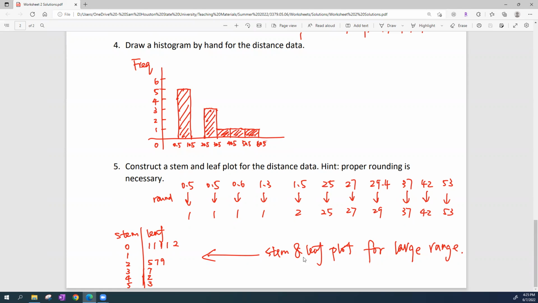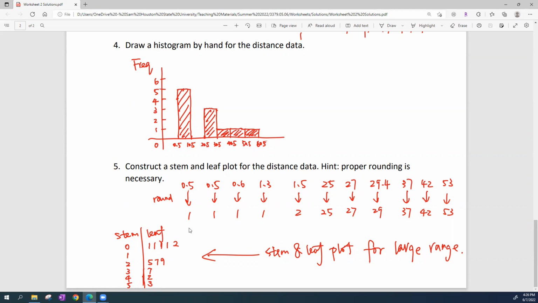Then the stem is going to be the tens unit: 0, 1, 1, 1, 2, because for nothing in the tens, it's just a unit digit. Do we have 10, 12, 13 for the tens level? Nothing, so it's empty. For 20 something we do have 25, 27, 29, so we have 5, 7, 9. For 30 something, we have 7, then 42 and 53.